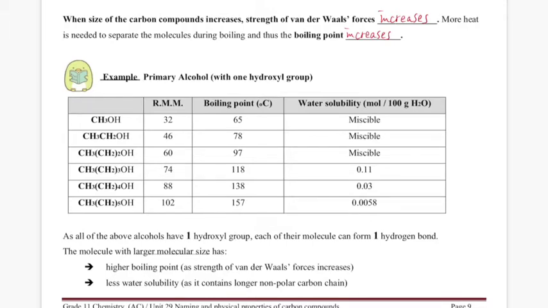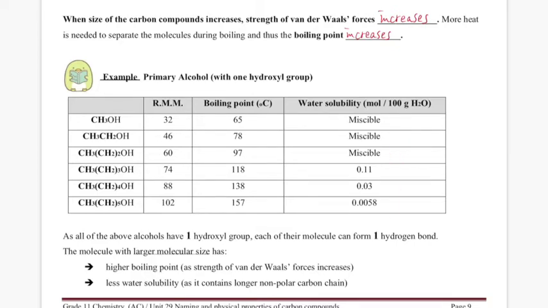You can see the trend: as we go down this table, the carbon chain gets longer, and the boiling point increases, gets higher, and the water solubility decreases.